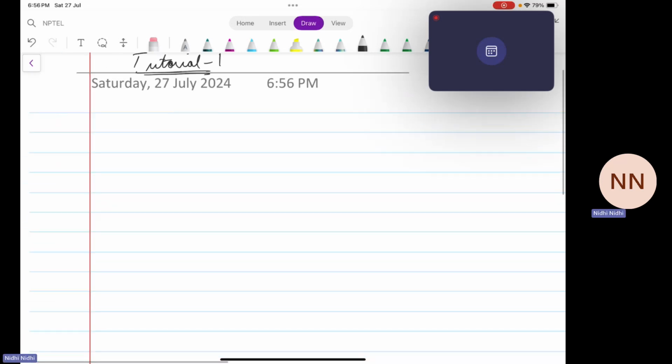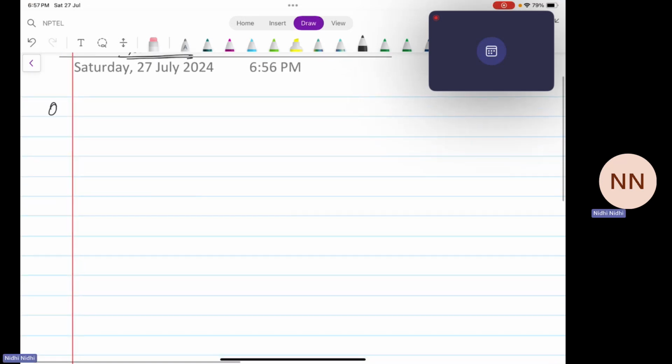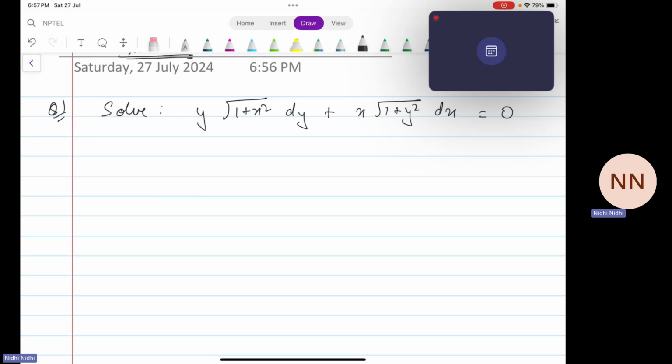So the first question is: solve y under root 1 plus x square dy plus x under root 1 plus y square dx equals to 0.